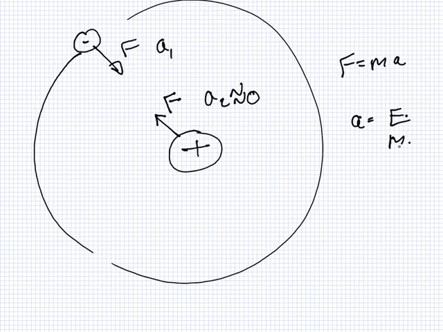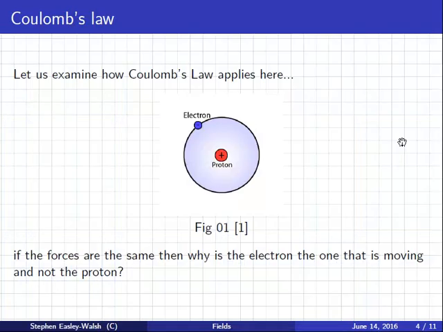The mass of the proton is so big compared to the force that this is nearly zero, and therefore no acceleration means no movement. Whereas this acceleration is definitely not zero, it's quite large, because the mass of the electron is so small. This is the reason why it's the electron around the proton, even though it's the same force.